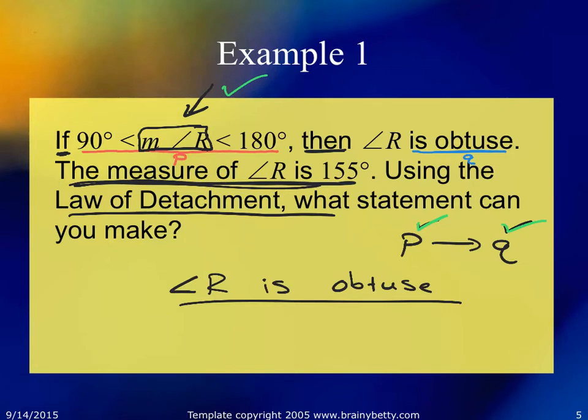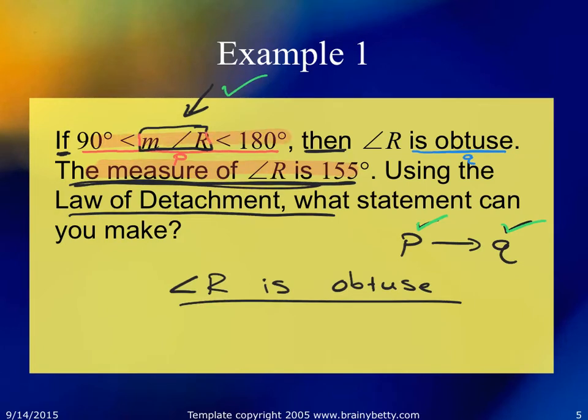Why didn't you underline angle R in blue also? Oh, I did. So notice that they made a statement there: if P, then Q. And then what they're saying here, that the measure of angle R is 155 degrees, is not exactly the same statement. They didn't word it exactly the same way, but we know that those two things mean the same.